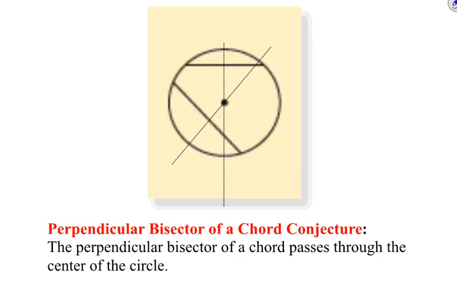One way to construct the center of a circle is to do exactly what you see here and use this conjecture. Construct perpendicular bisectors of two chords. And of course, since the center lies on the perpendicular bisector of the chords, wherever they intersect will be the center of the circle.